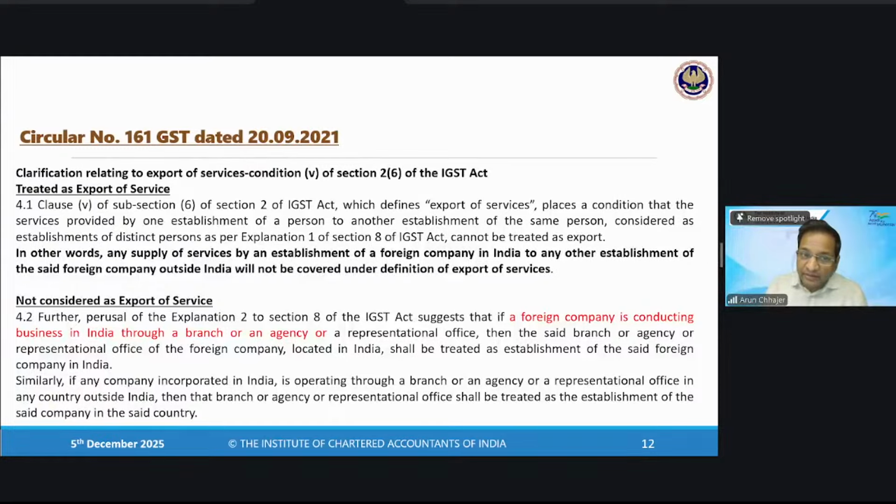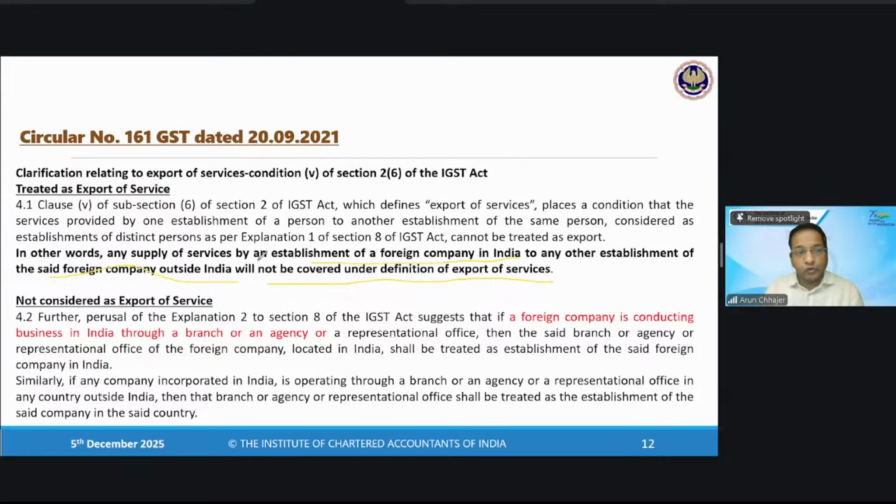In other words, supply of service by an establishment of the foreign company in India to any other establishment of the said company outside India will not be covered under the definition of export of service.